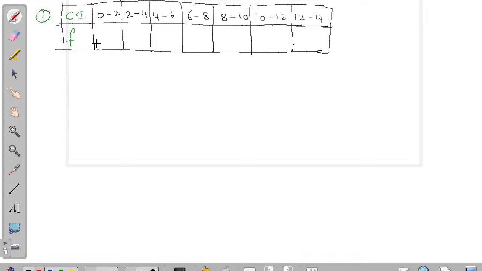Now frequencies: 1, 2, 1, 5, 6, 2, 3. It is the example problem.